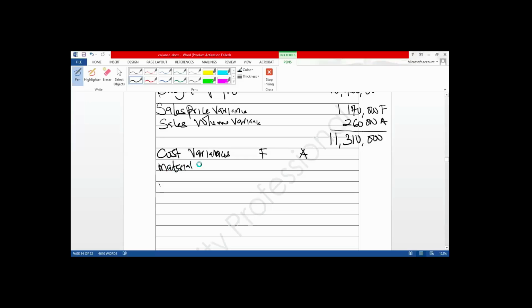Material price variance. We got adverse 500,000. Material usage. We got 150 favorable.